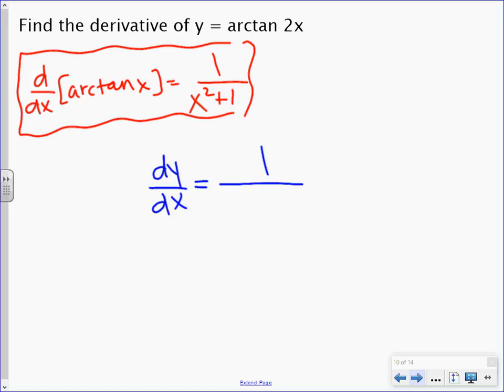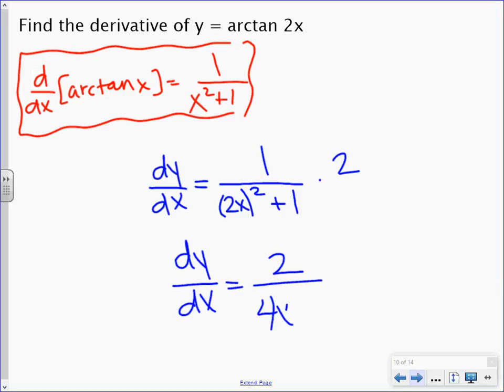Since 2x is inside arctangent, we want 2x squared here. And since 2x is inside arctangent, we have to multiply by 2. So our derivative is 2 over 4x squared plus 1.